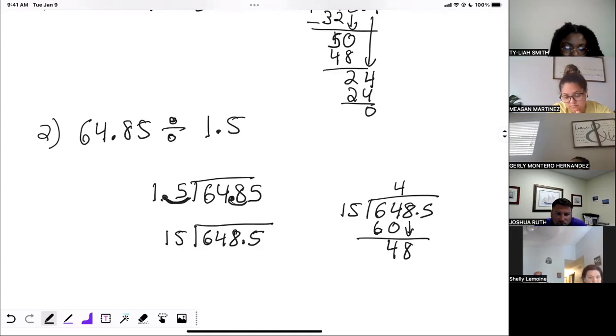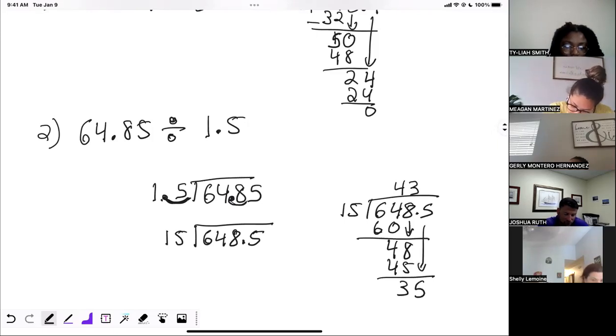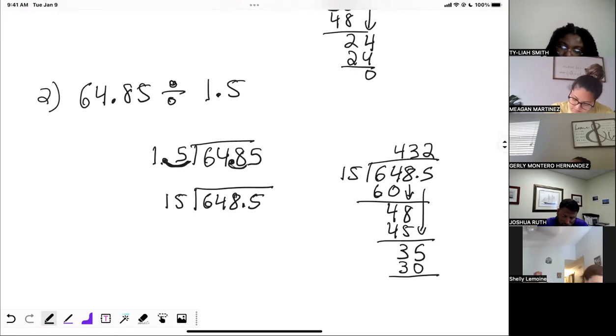How many 15s are in 48? Well, I know 45 is 3 of them. Bring down the 5. 15 times 2 is 30, with 50 left. And then 15 times 3 is 45 again.